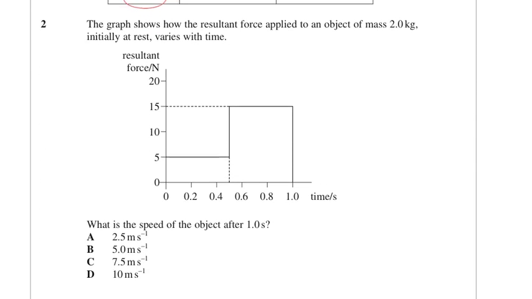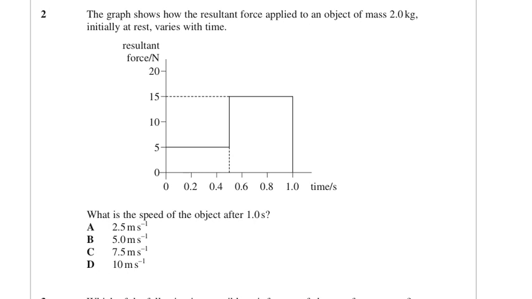Okay, so then moving on. The graph shows how the resultant force applied to an object of mass 2.0 kilograms initially at rest varies with time. Okay, so we want to know the speed after 1 second, so we need to add together two areas. So it's 5 times 0.5 plus 0.5 times 15.